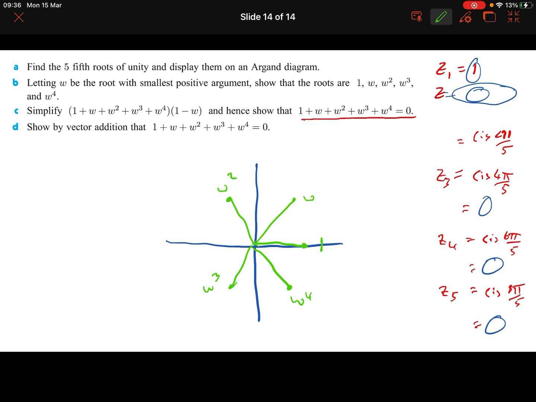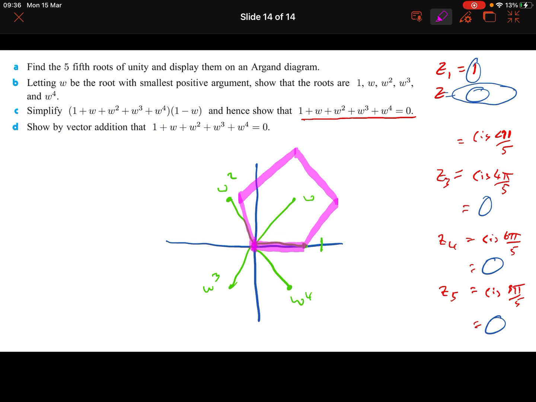Remember, if I add vectors, then it's the same as making them top to tail. So I start from here, and I go on this vector here, add W, which is this vector here, add W squared, which is this vector here, add W to the power of 3, which is this vector here, and add W to the power of 4, and you get back there.